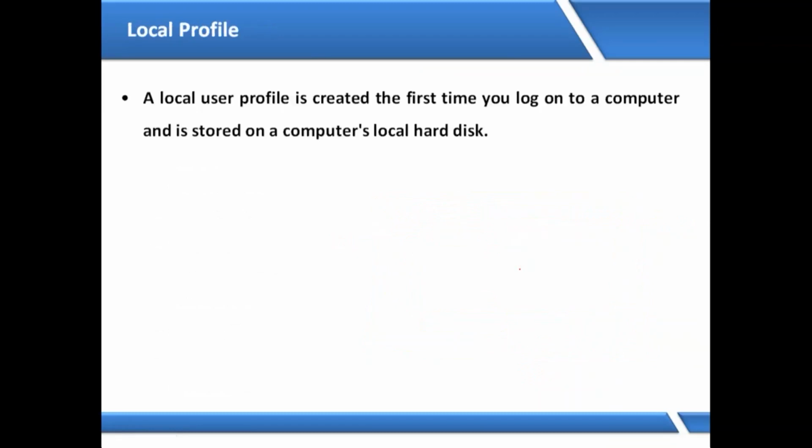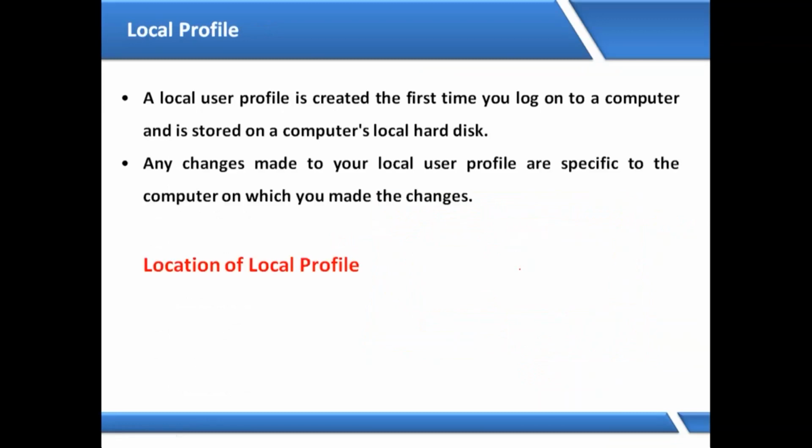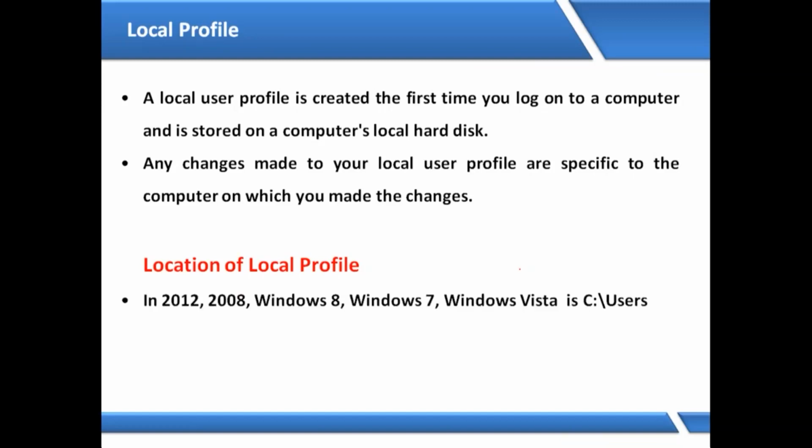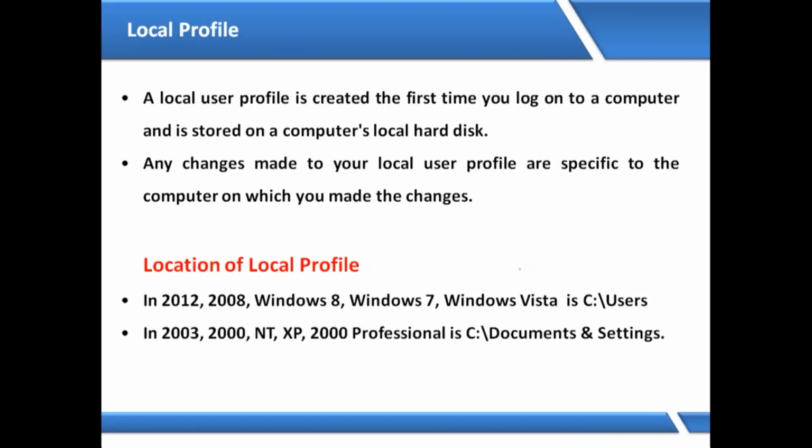So a local profile is created once a user logs in, and the data will be stored on the hard disk of the machine where that user is sitting. So any changes made will be stored on that machine. Earlier the users' data used to be in Documents and Settings, but now it is C drive, Users.